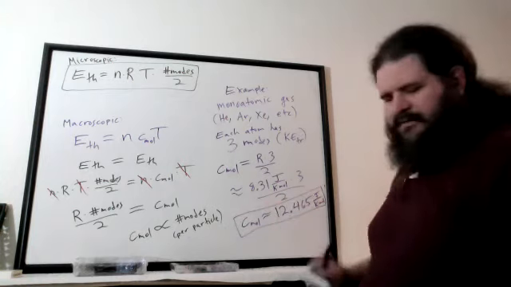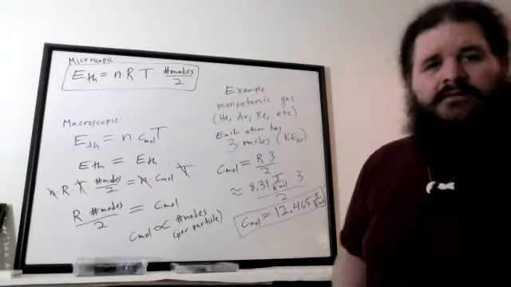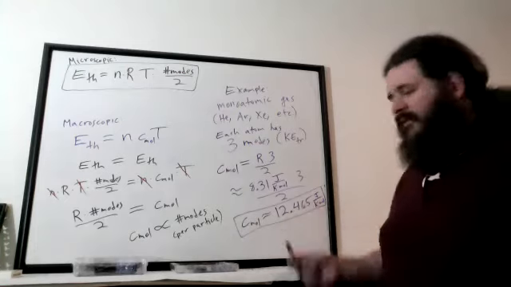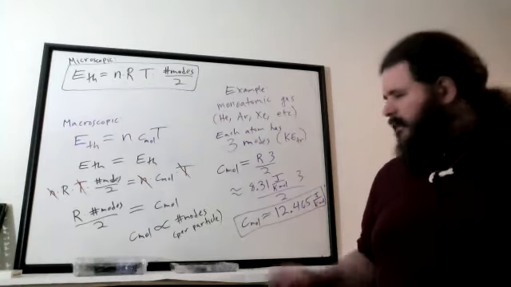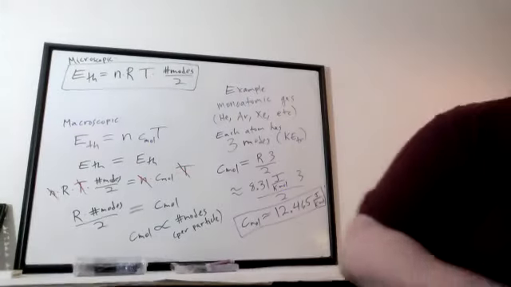So we can predict that the molar specific heat for any noble gas should be about 12.4, 12.5-ish. And if you look that up, that should be pretty close to what it is. Let me see if I've got that in here.